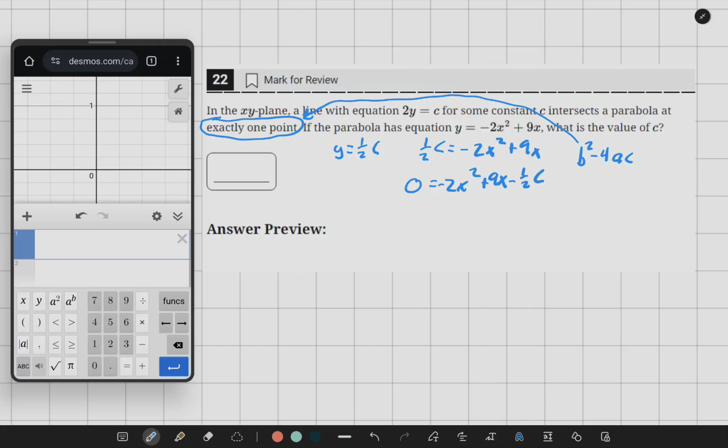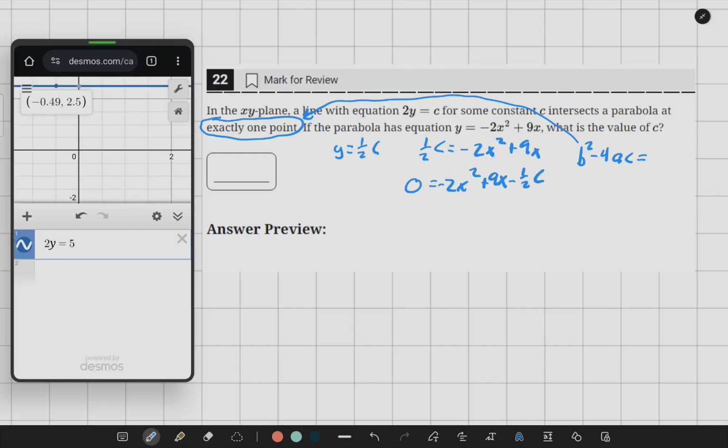So one property of the discriminant is that if it is intersected at only 1 point, that means that this c value, so we know that this is going to be a vertical line, right? So you can just do 2y equals 5.